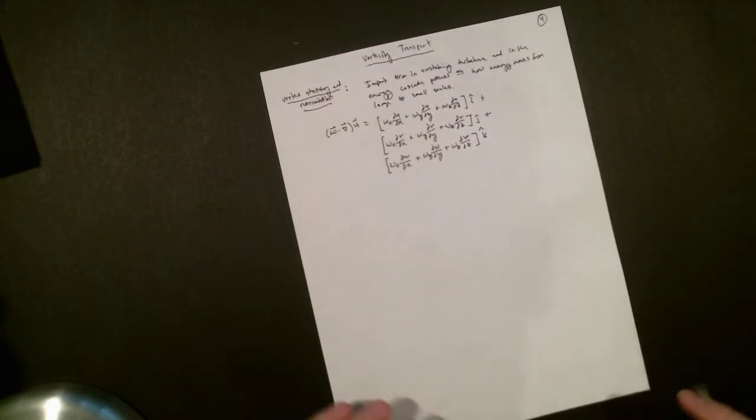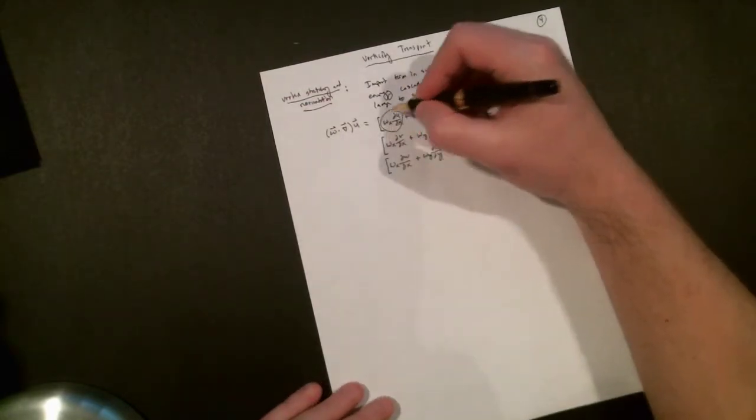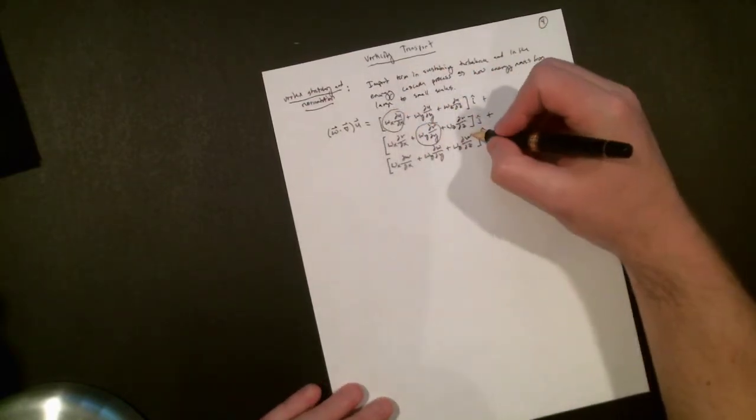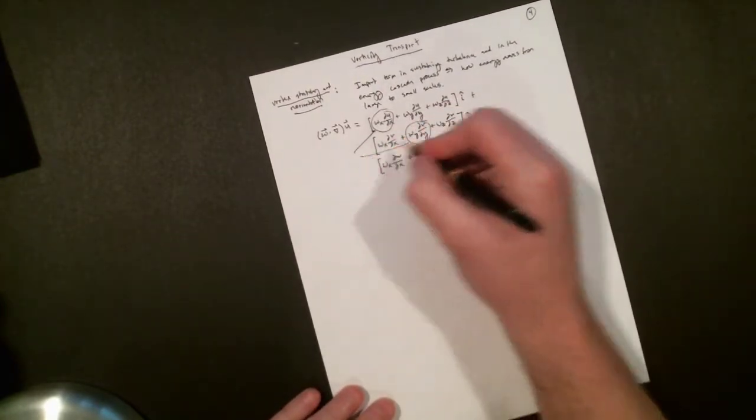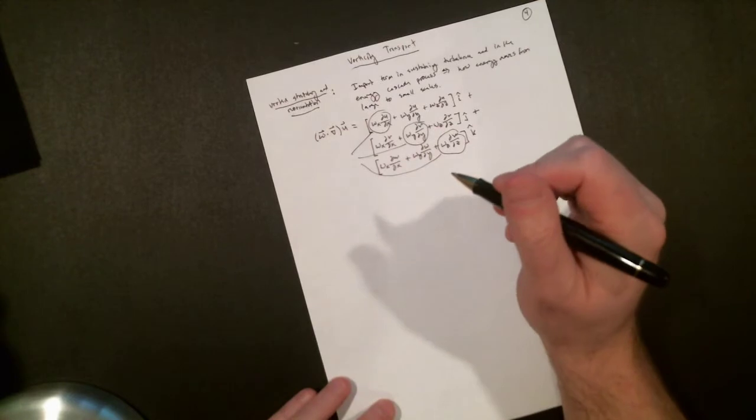So what we want to focus on is these diagonal terms, these three terms here. These three terms represent vortex stretching.